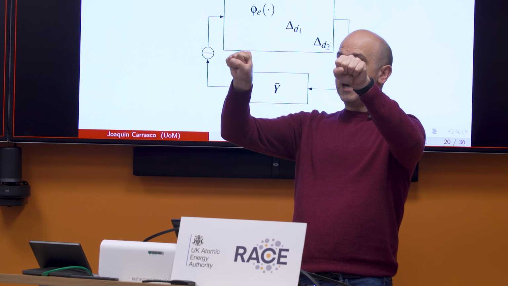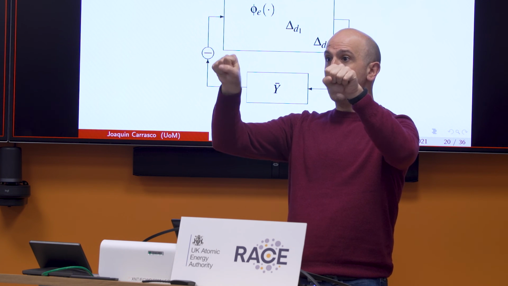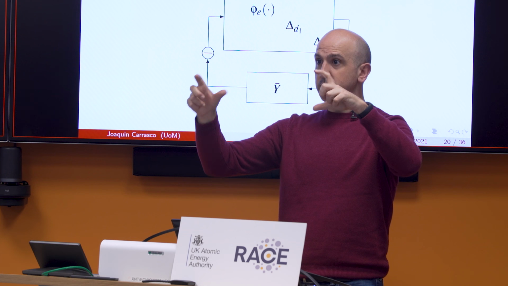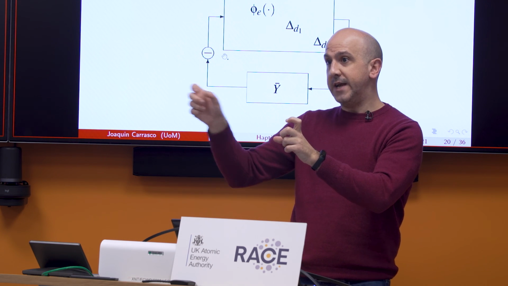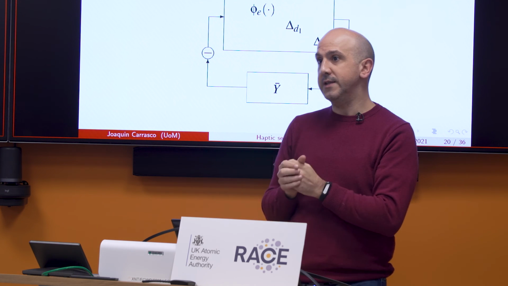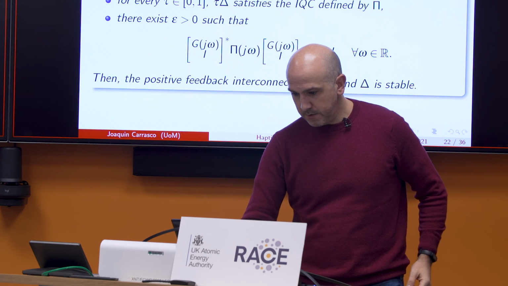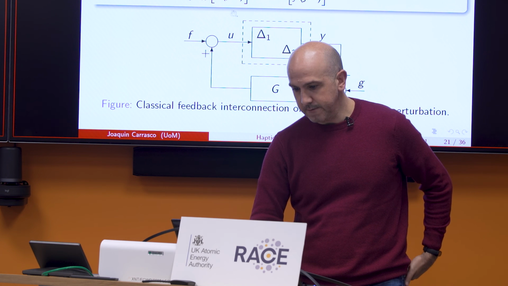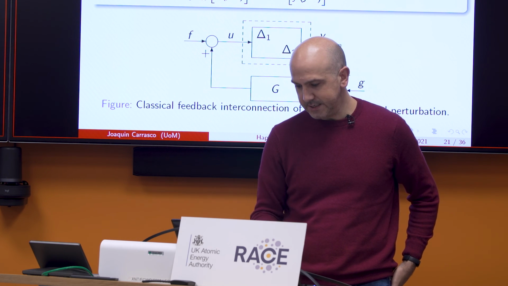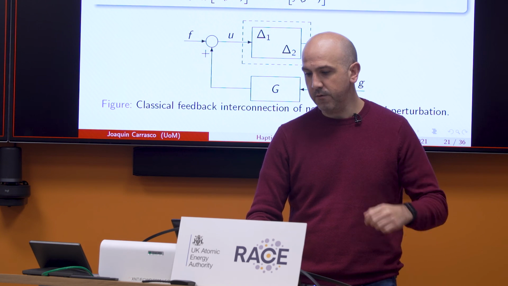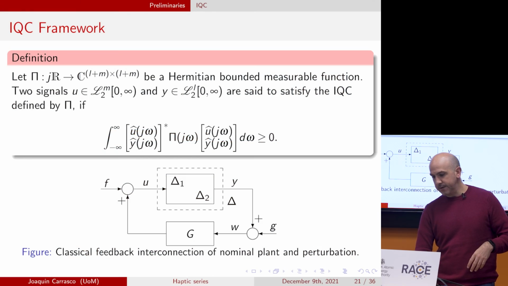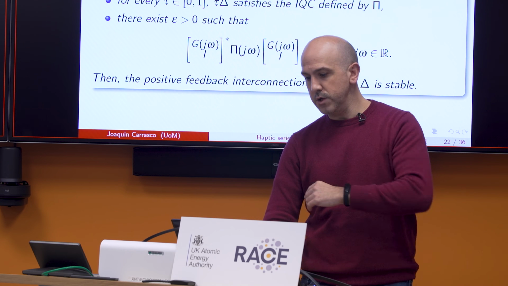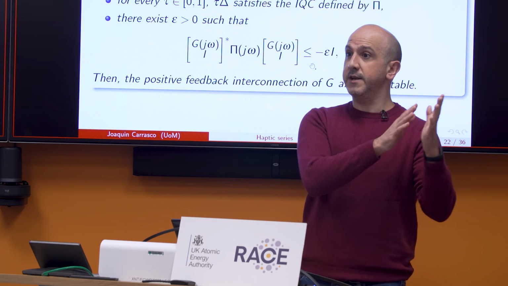If these two sets are disjoint, if you cannot find a common pair of input and output that you can put in the other system, then that is what you are trying to find. Mathematically it looks kind of like this, making sure that on one side this sign is always positive, and when you move to the other side, it is strictly negative.